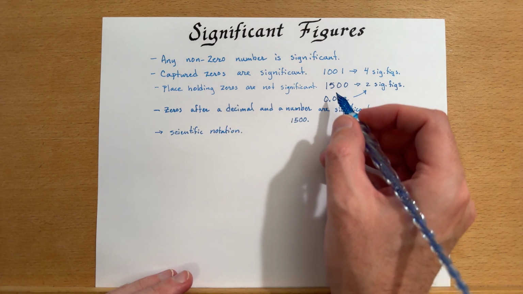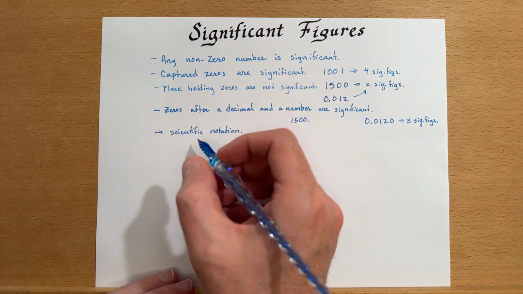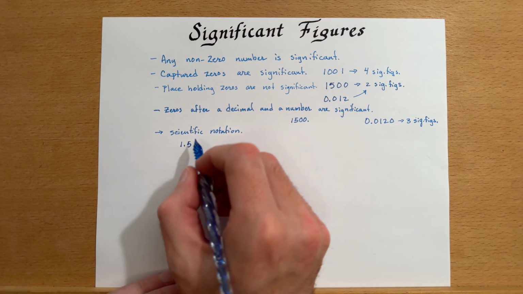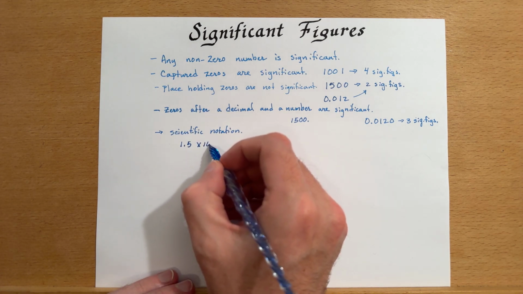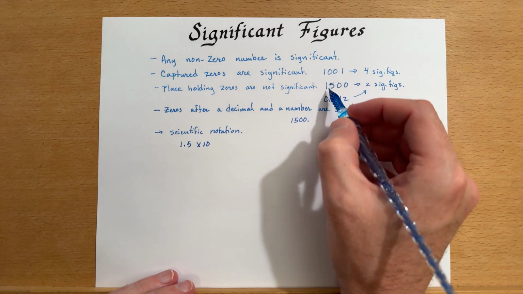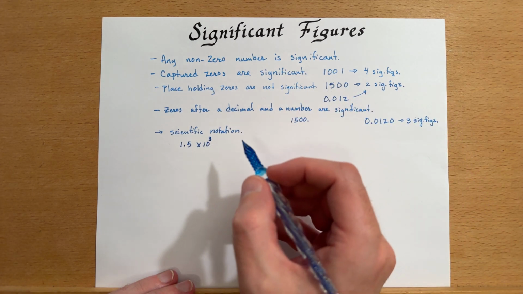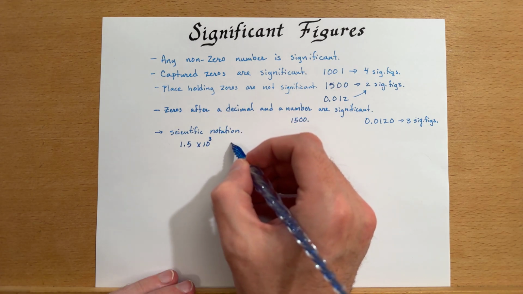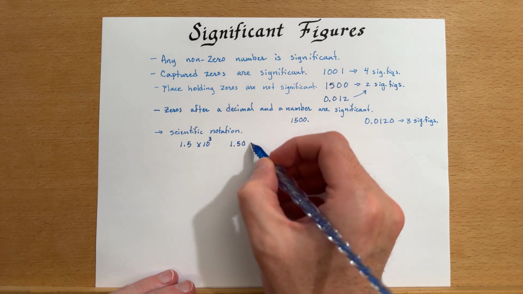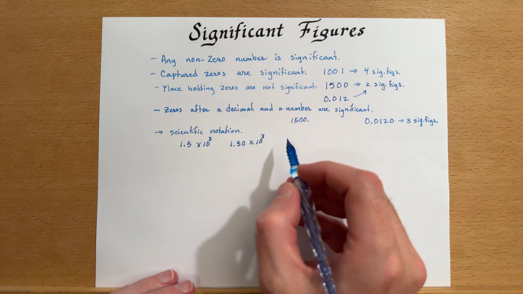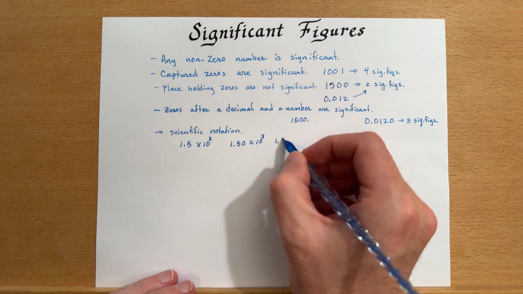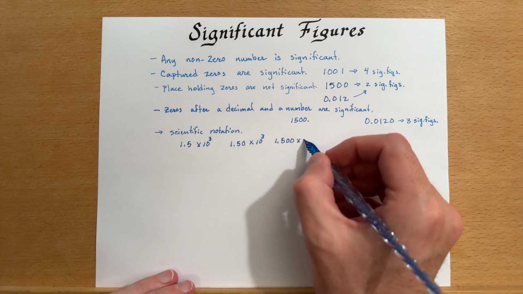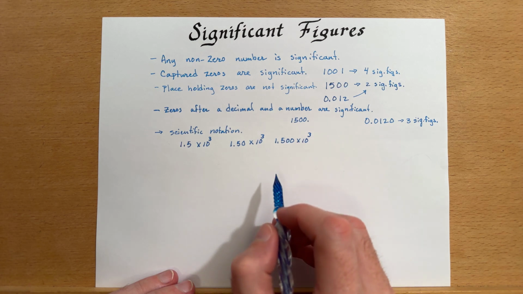As an example, we can go back to our 1500 and we could write that several ways. We can write it 1.5 times 10 to the third. And this indicates 2 significant figures, but we could indicate 3, or 4, simply by increasing the number of zeros that we're writing in our scientific notation.